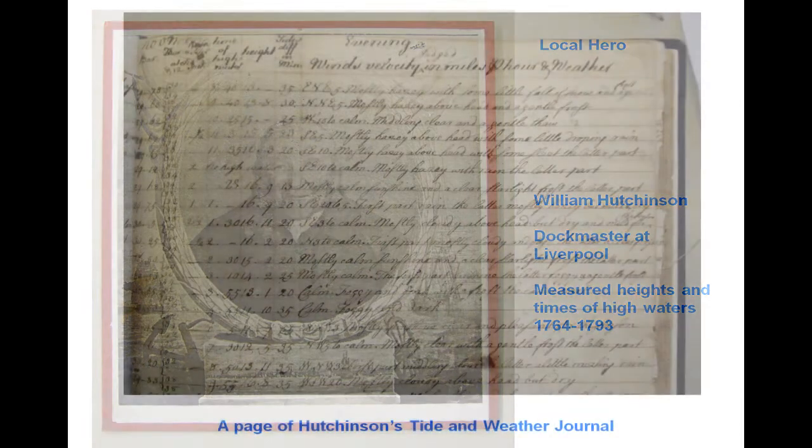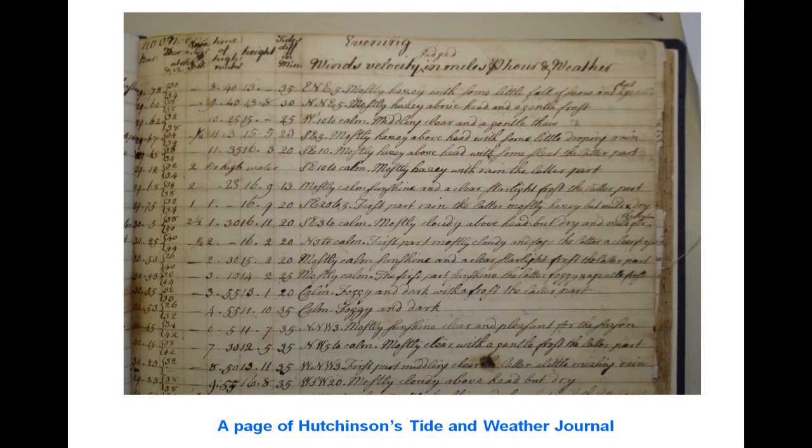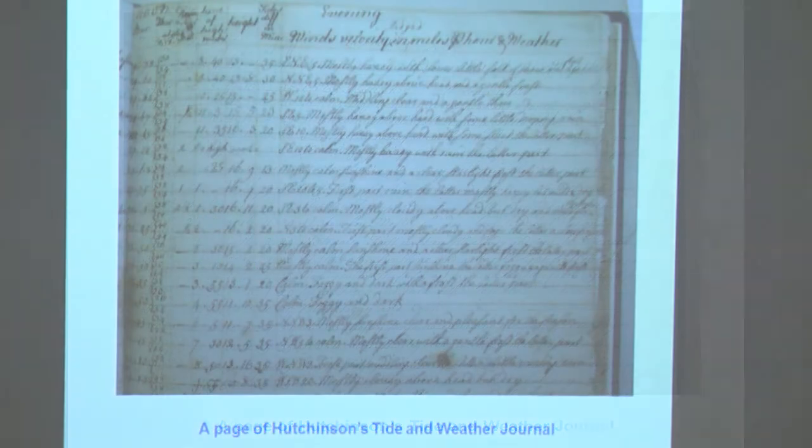This is a page from his Tide and Weather Journal. You probably can't see too well, but this is the height and the time of high water down here. The height is in feet and inches.